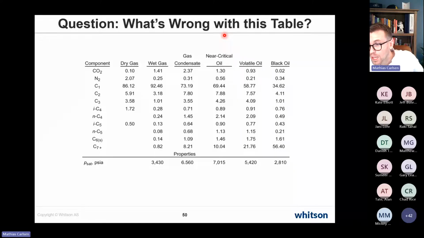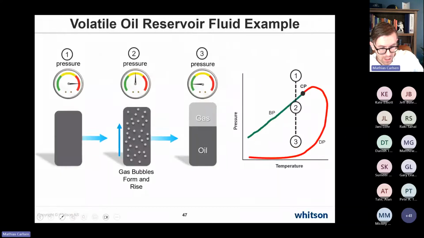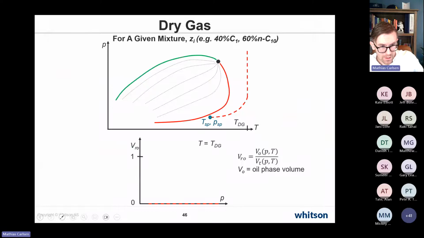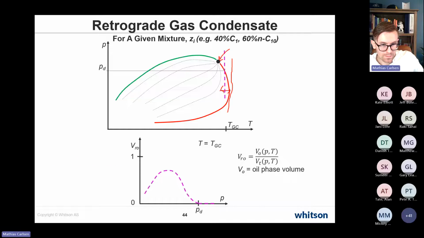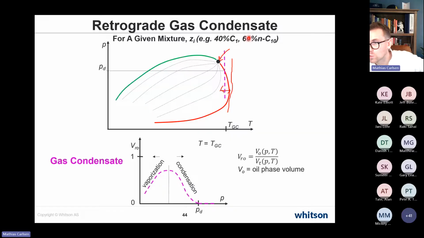And just a couple of the questions in the chat. The first one, which we get a lot, is about the revaporization that we mentioned here in the condensate slide. Let me just, here we go. So what's happening here is revaporization. Is that actually something that can be observed in real life, or is it just a lab phenomenon? That's what Tarun asked, and that's a super good question.